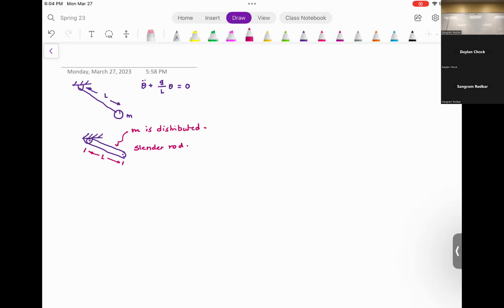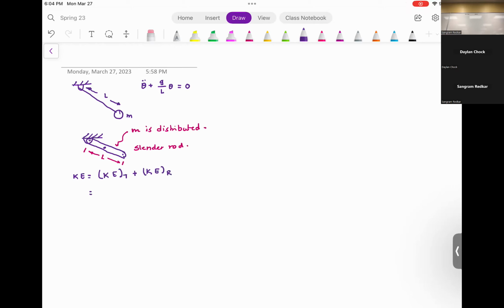Now, whenever you have a problem like this, what I want you to understand is this problem can be solved multiple ways. What I'm going to do is, if you want to find out the kinetic energy of this rod, it is going to be kinetic energy of translation plus kinetic energy of rotation.